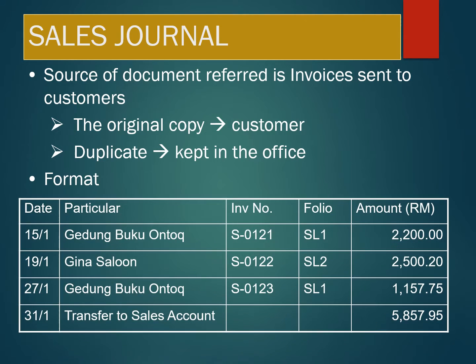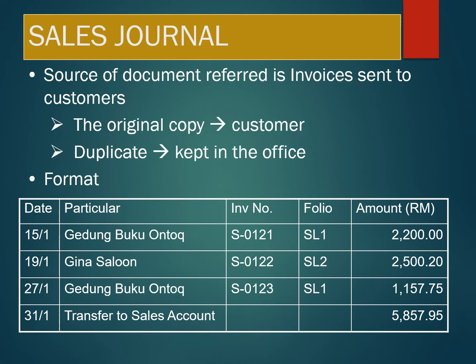So the format for the sales journal, referring to the invoice I showed just now: on 15th of January, the customer name Gedung Buku on top, the invoice number S-0121, and the folio is sales ledger number 1, because this is the first customer in our sales ledger, and the amount, the total in that invoice, is 2,200.